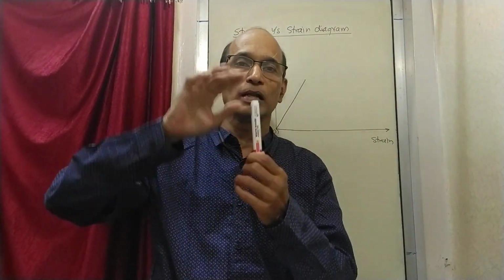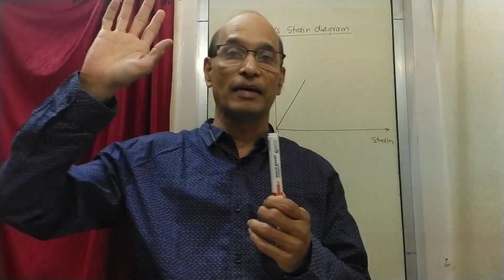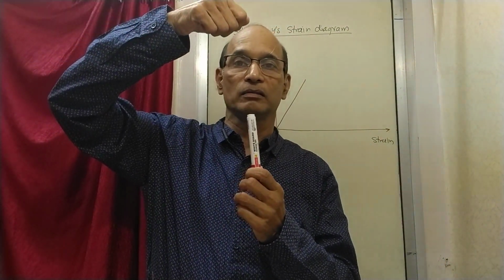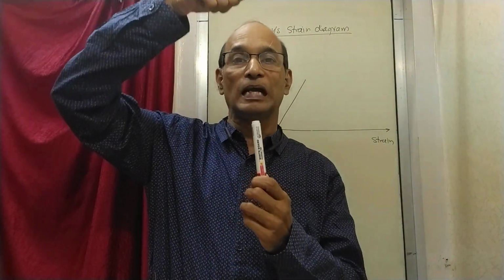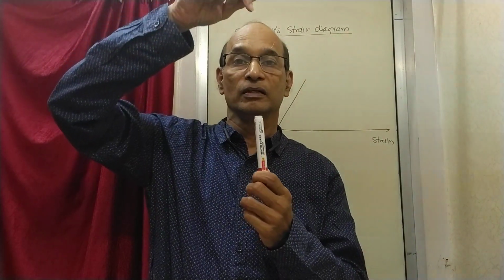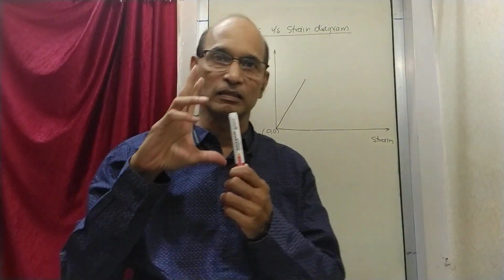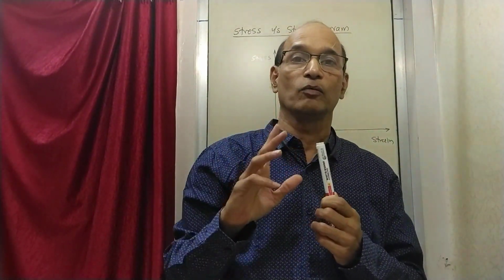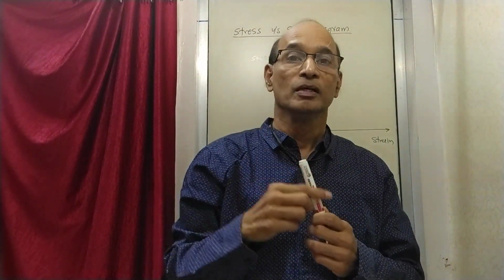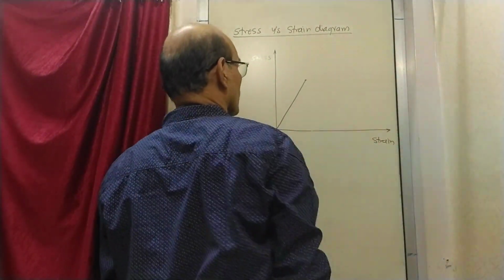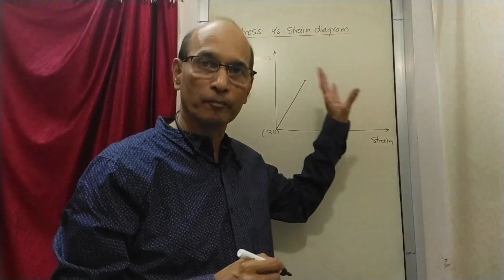That keeps on happening, but it doesn't happen all the time. If you stretch it beyond a particular length and now release, you will find there is a change in the length. The length is not going to remain what it was earlier. When that happens, you have reached this point, which is a very, very important point.